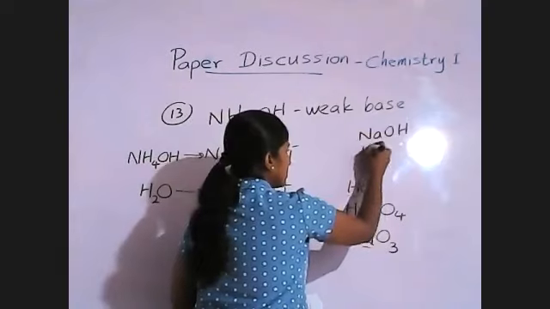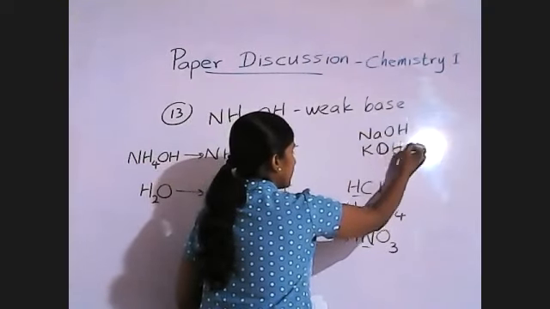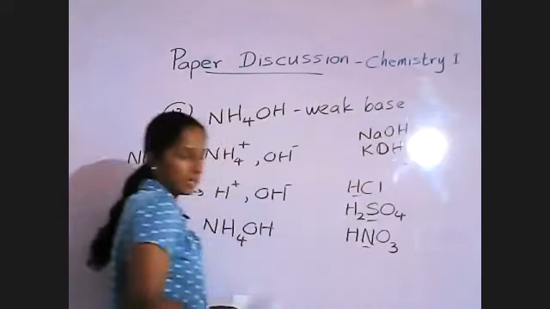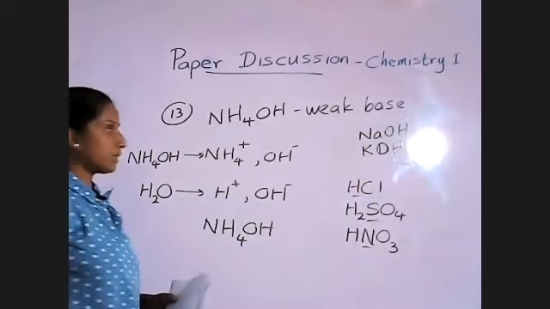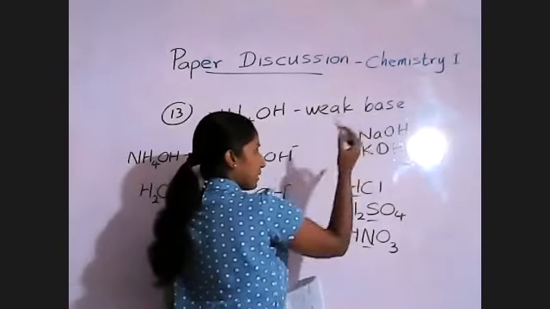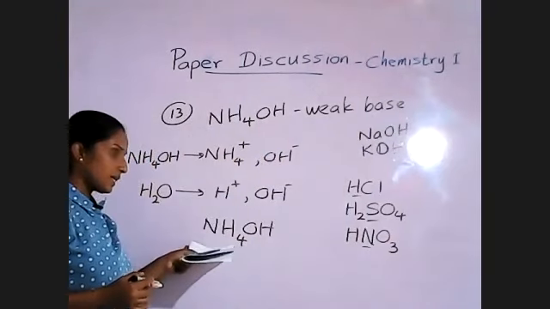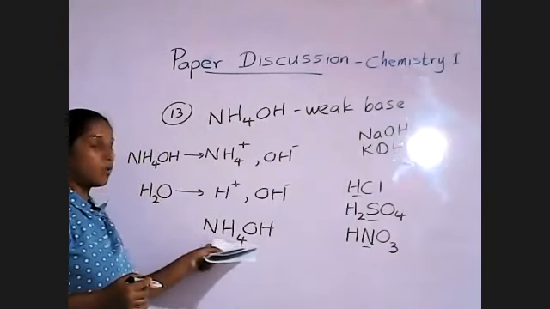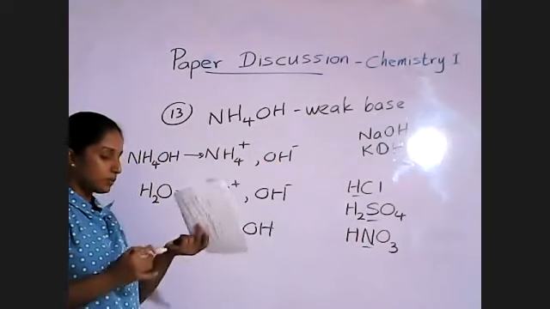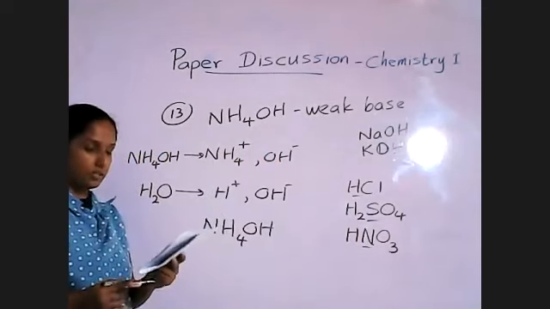In strong bases also the same: there are no sodium hydroxide molecules in the solution, only Na plus and OH minus, K plus and OH minus. But here we can find NH4 plus and ammonium hydroxide molecules in the solution, right?